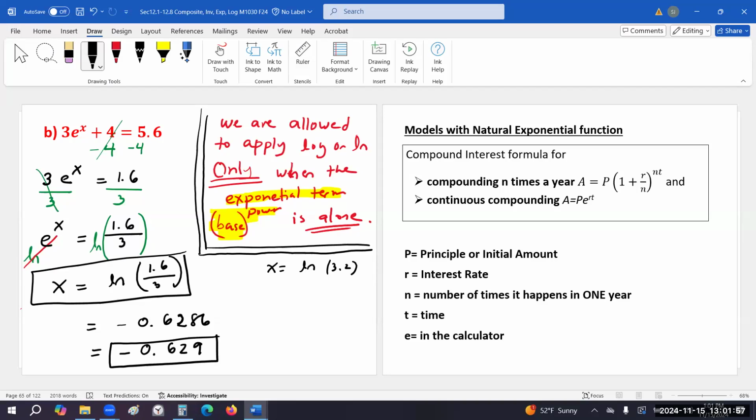Now they will ask you, well, we understand you want to invest, but you have to tell us what type of interest you would like to get. We have 2 types of interest. One is compounding continuously, and another is compounding n times in a year. What does that mean?